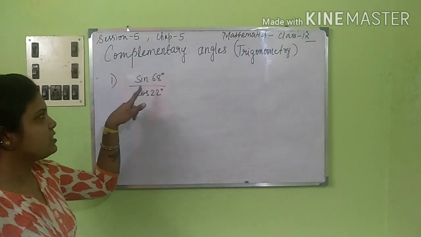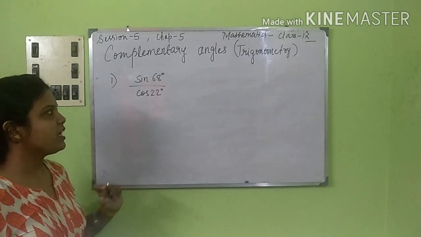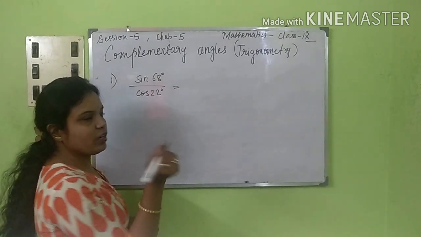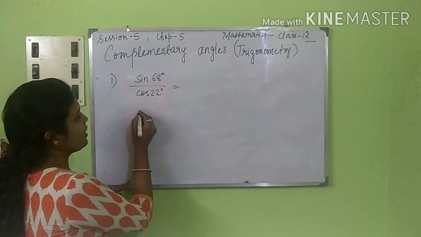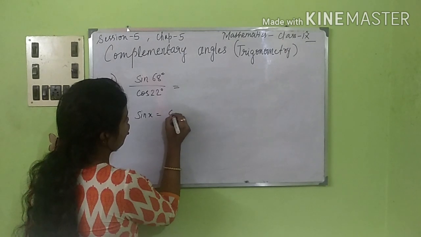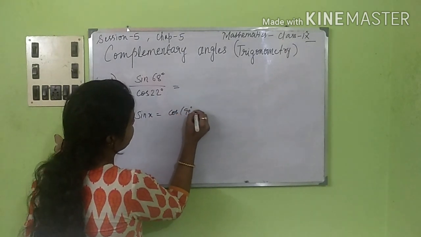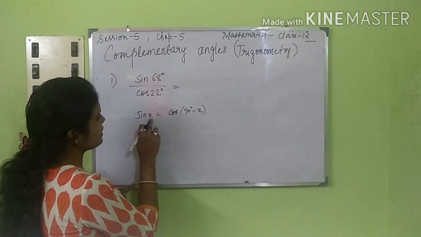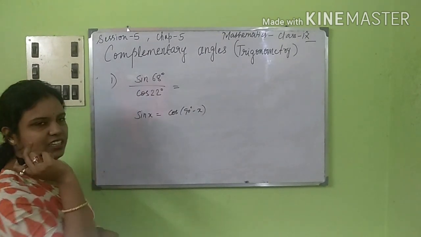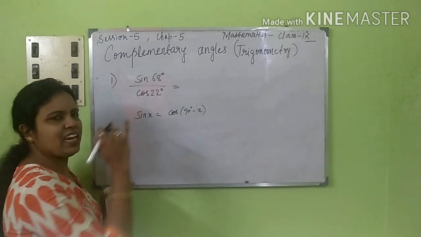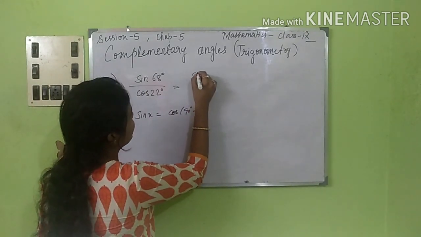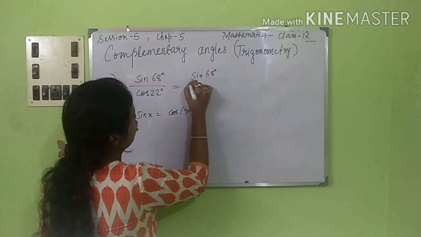Now the first question is sin 68 degree by cos 22 degree. The first thing that we are going to do is, as you know, we have the formula sin x is equal to cos 90 degree minus x. So what is x here? The one with the sin. Here sin's value is 68. So either this or this, any one you can change. Let me change the cos.